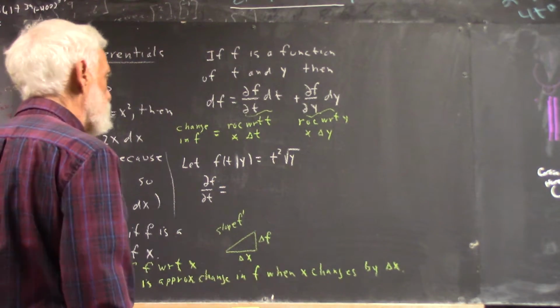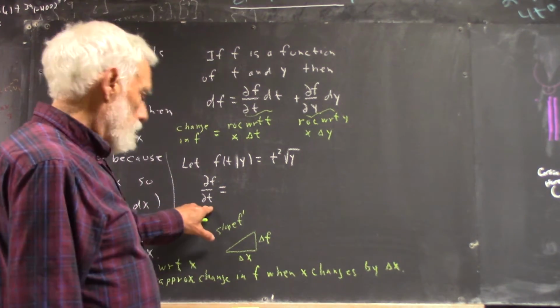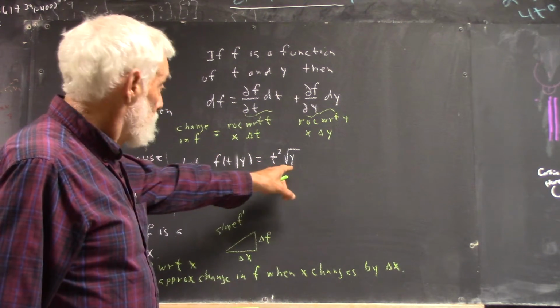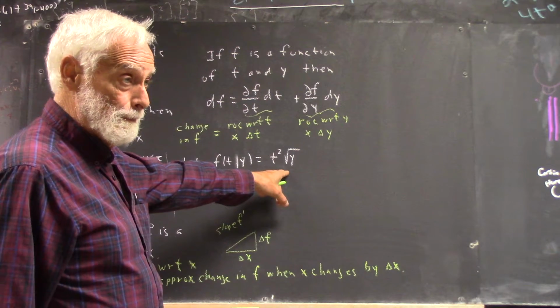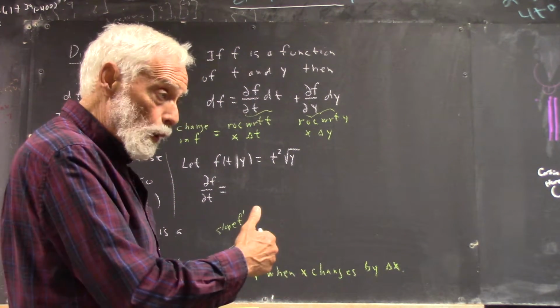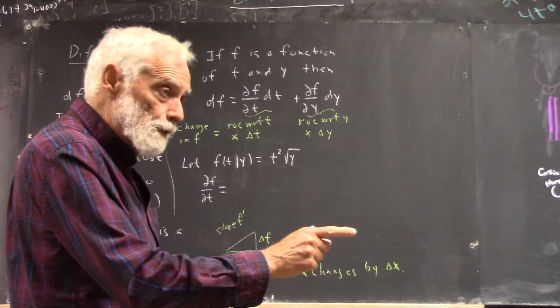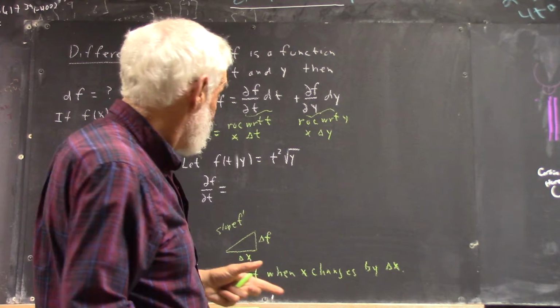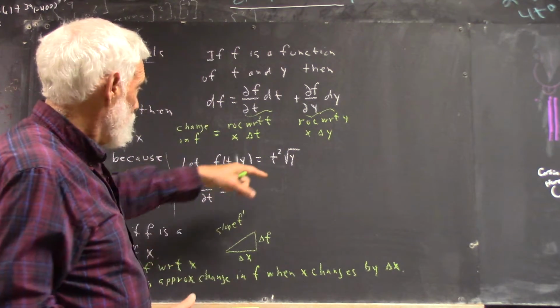Partial of f with respect to t, you just take the derivative of the t part, treating the y part as a constant. Because in the example we just did, if t goes this way and y goes this way, if you're looking at this direction, y isn't changing. Okay? So if you understand that, you have a little more understanding.